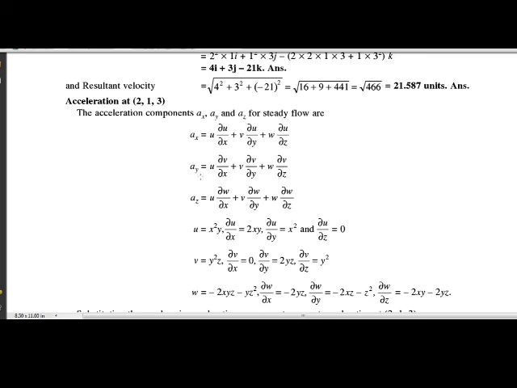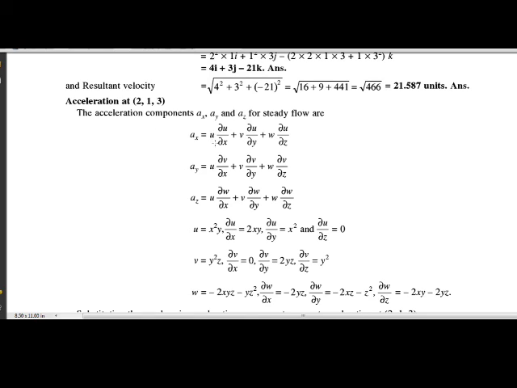For ay the equation is u ∂v/∂x + v ∂v/∂y + w ∂v/∂z, and for az the formula is u ∂w/∂x + v ∂w/∂y + w ∂w/∂z. So we have to find the value of all these terms.